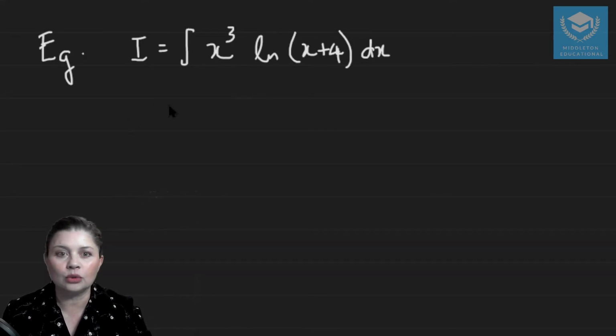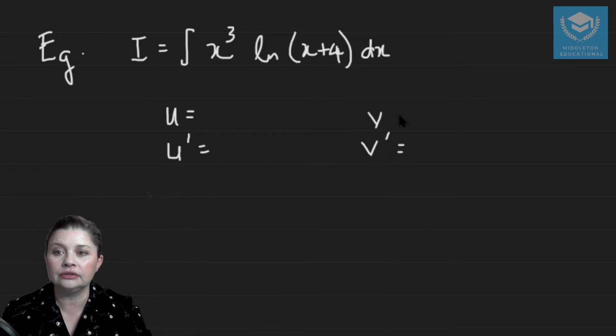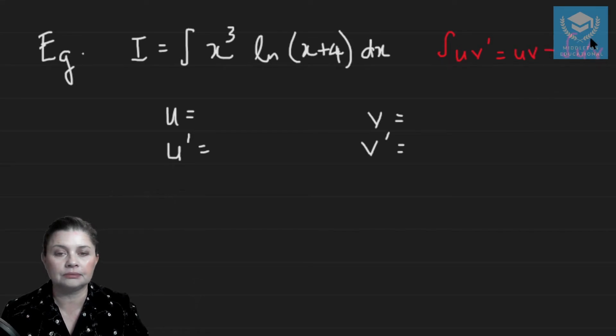That means we need to figure out what u is, and also figure out what the derivative of v is. And we recall that integration by parts says if you have the integral of u v dash, that's going to equal uv minus the integral of u dash v.